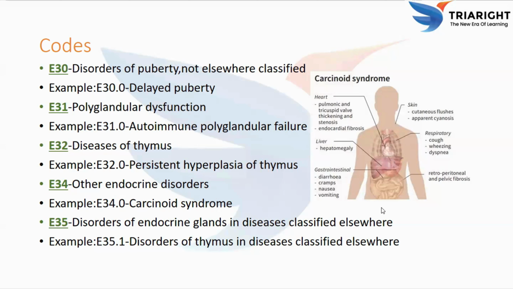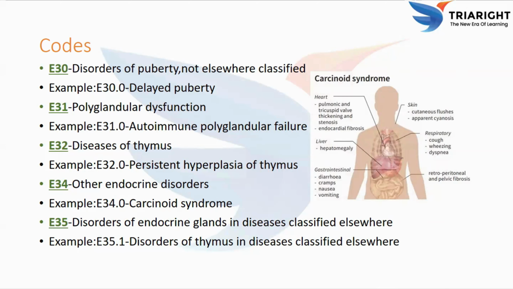So here you can see the picture of carcinoid syndrome. This image is a human body diagram highlighting the main organs and symptoms affected by carcinoid syndrome. It is a condition caused by carcinoid tumors that release hormones, especially serotonin, into the bloodstream. These hormones circulate throughout the body and produce multiple symptoms across different systems.